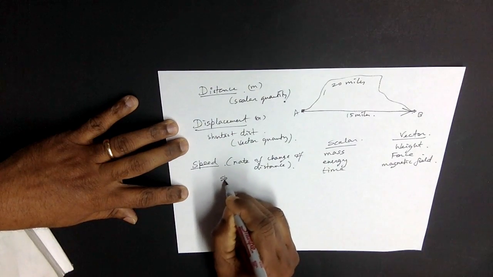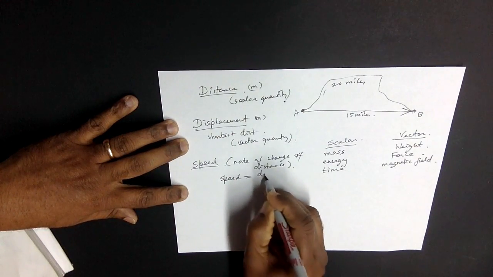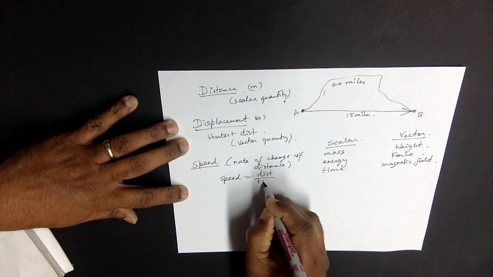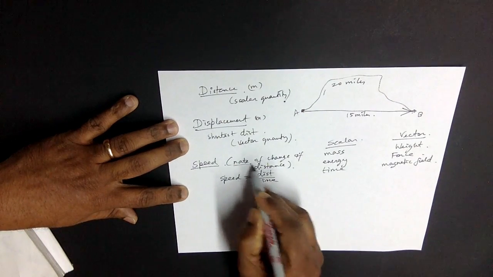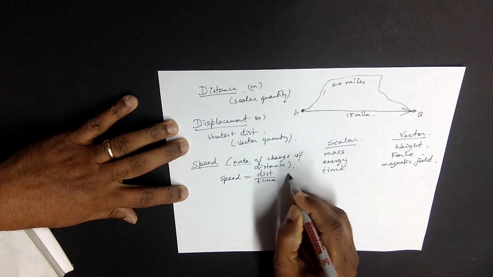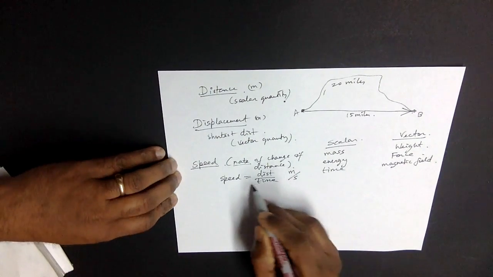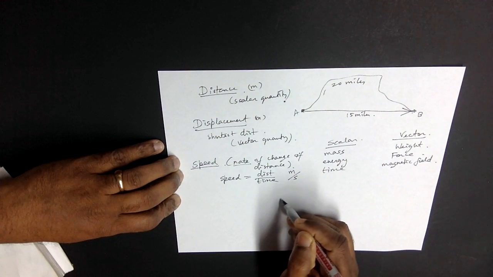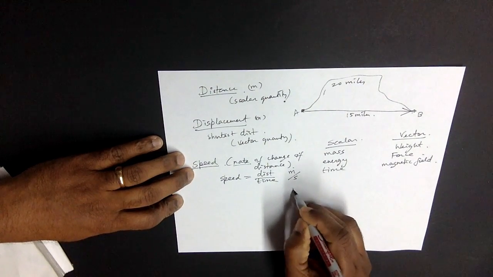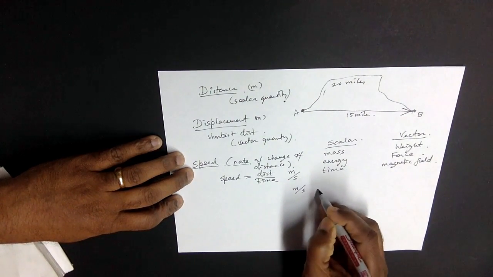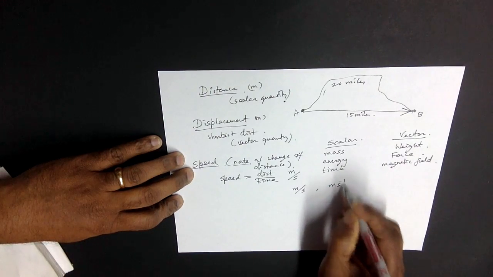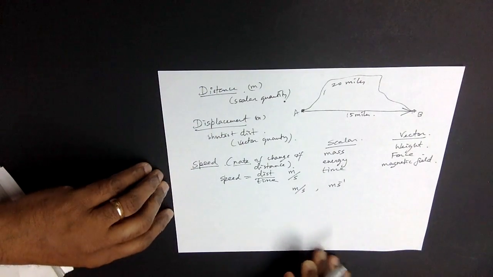So speed is distance over time. Distance is measured in meters and time is measured in seconds. So speed is measured in meters per second. You can write meters per second in different formats.